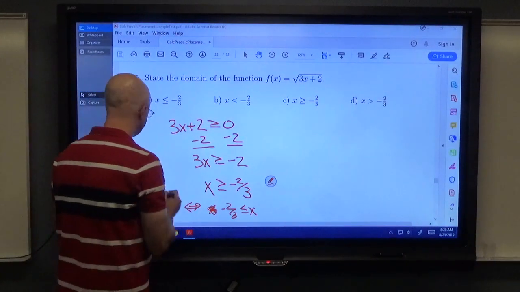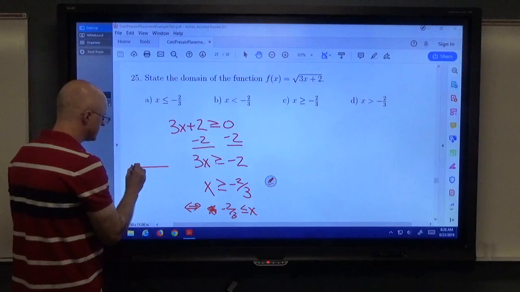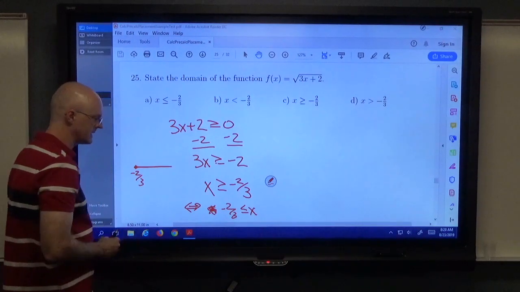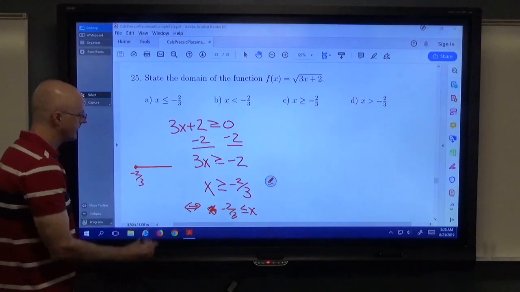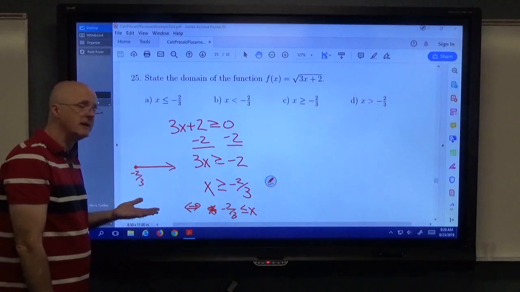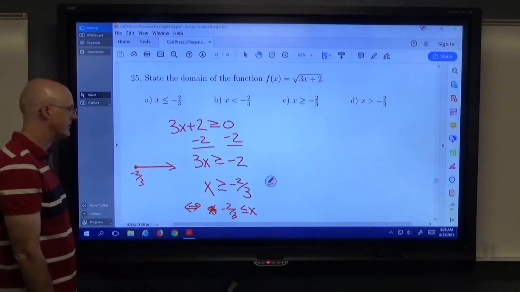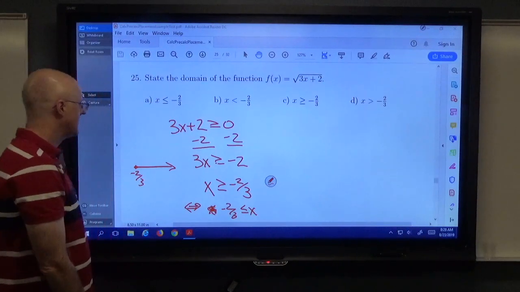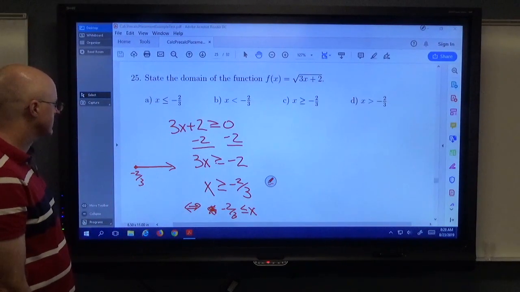And on a number line, they're all the numbers to the right of -2/3, including -2/3, because it's not a strict inequality. That's what this domain is. And this is a useful thing because it would help you graph the function on a graphing calculator, for example, to know what kind of window to choose. All right, there are 4 options, none of which is not given.